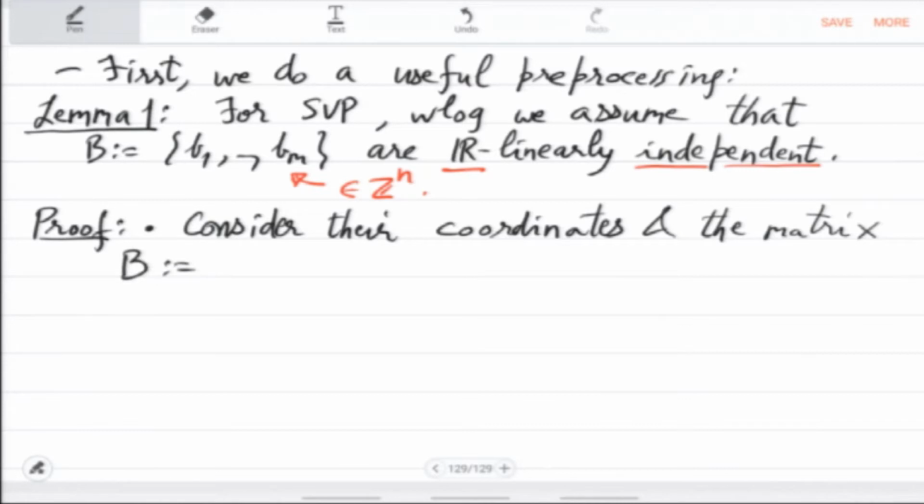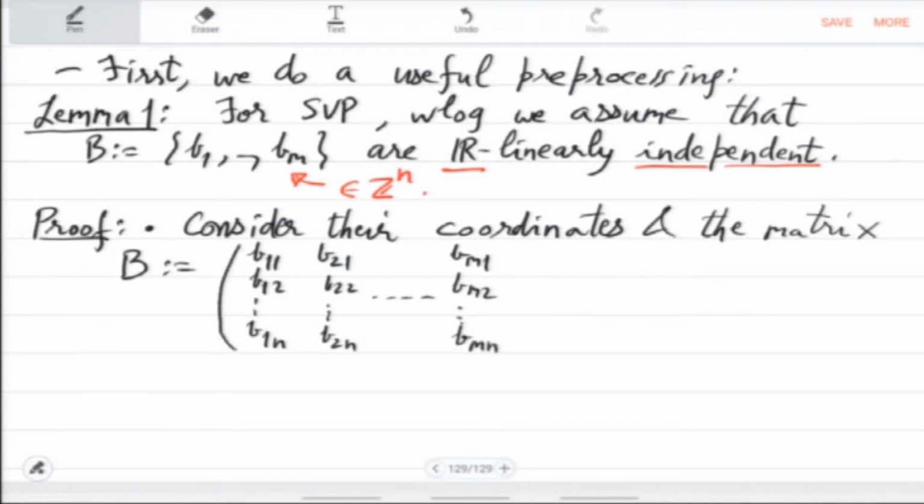I use the same B. So, b1 has coordinates b11, b12 to b1n, where n is the ambient space. Then you do the same thing with b2, and finally with bm. So this is an n cross m matrix of integers.